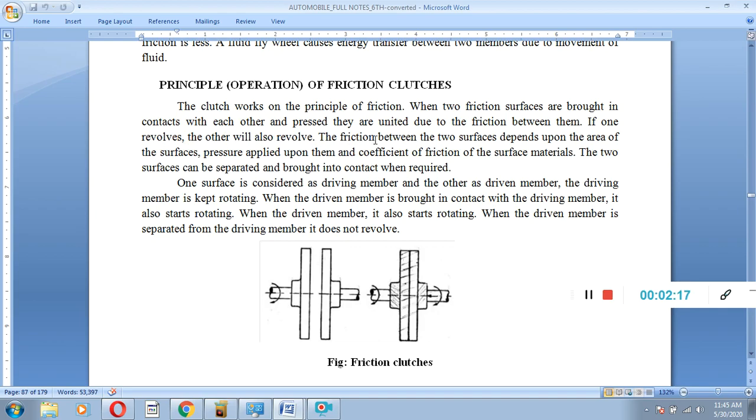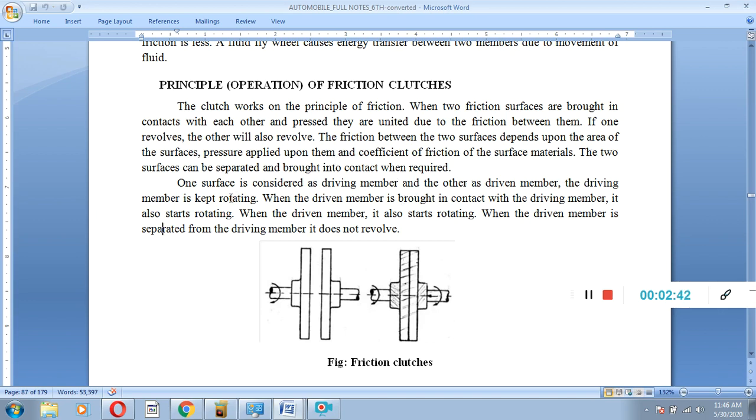The friction between two surfaces depends upon the area of the surfaces, pressure applied on them and coefficient of friction of the surface materials. The two surfaces can be separated and brought into contact when required. One surface is considered as the driving member and the other surface is considered as the driven member.